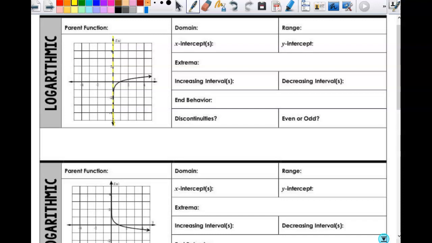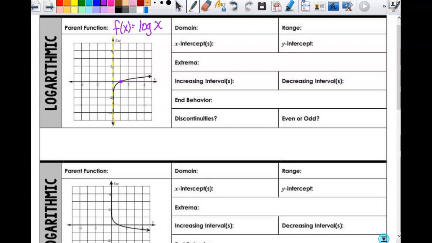Not reflections, I'm sorry. They're inverses of each other. So they're reflected in the line y equals x. My anchor points here. Instead of 0, 1, I have 1, 0. Okay? And then if I write this out, f of x is equal to just the log of x. If that's all I write, what's the base?